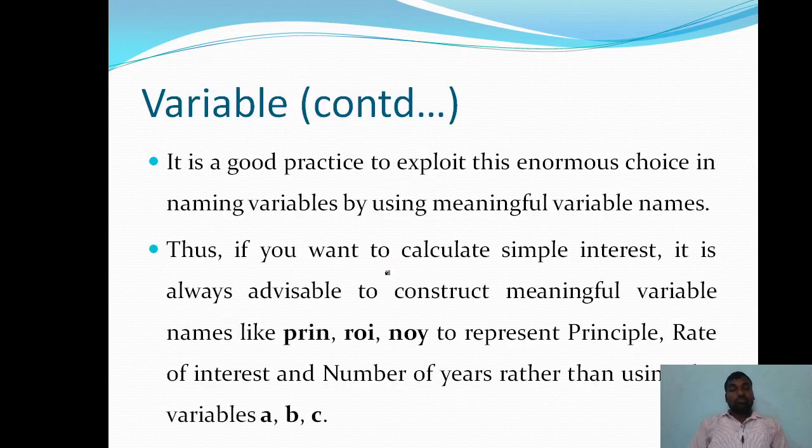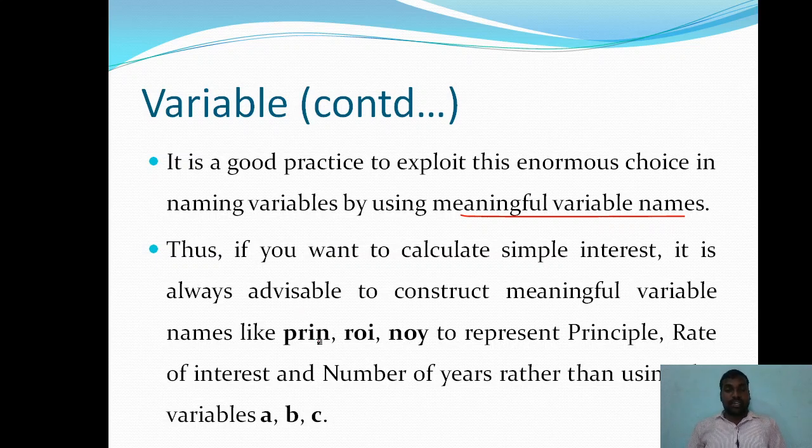Okay, like that. Now, it is a good practice to exploit this enormous choice in naming variables by using meaningful variable names. So while writing the variable names, you must write them in such a way that the meaning of those variables is clear.